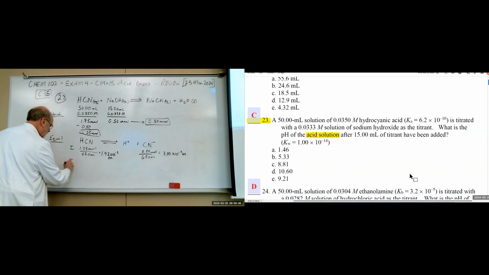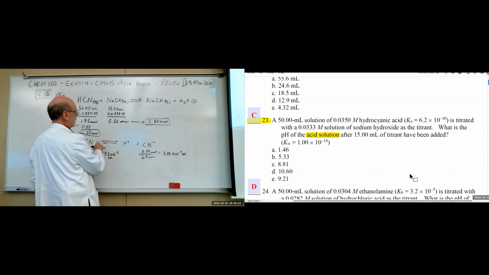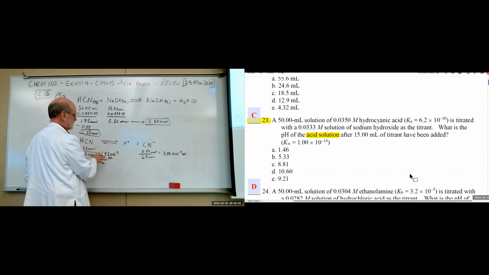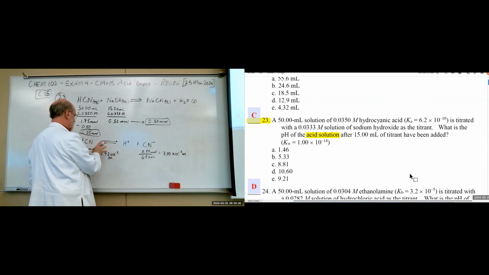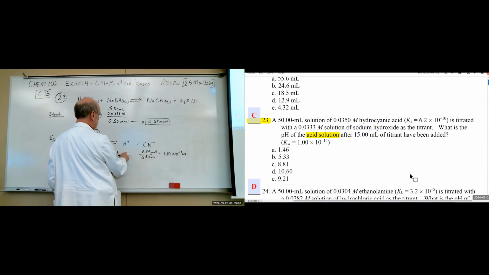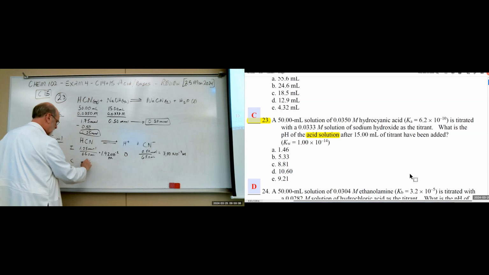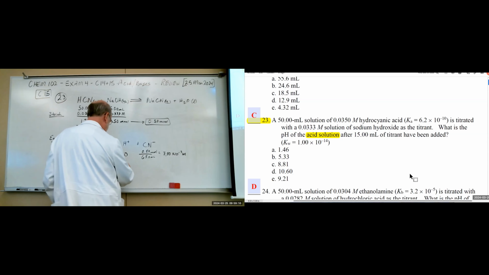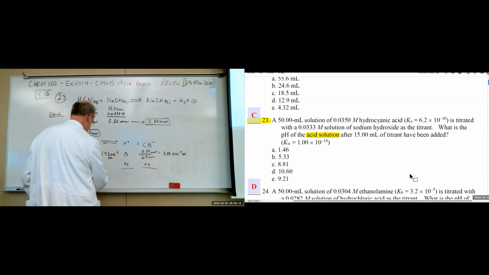Now, what's the change going to be? Well, what we're saying is that this reaction is going to go in that direction because we're starting with this amount and that amount and no hydrogen ions. So we're going to lose some of this, and gain some of that and gain some of that.